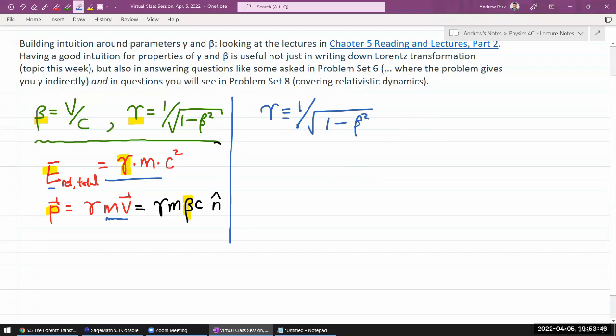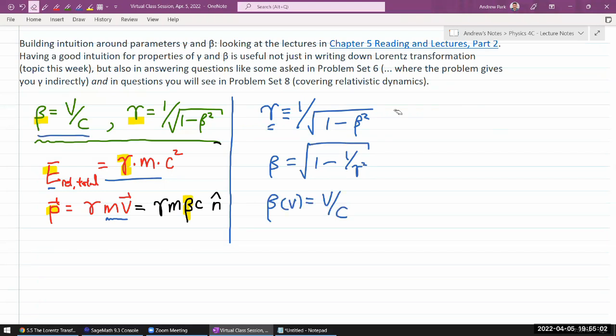So that's what we had before. And we can solve for beta in this expression. I've done that before and got the square root of 1 minus 1 over gamma squared. That's sometimes useful. Let me leave it here and show you some numerical plots to try to gain some intuitive feel for this.